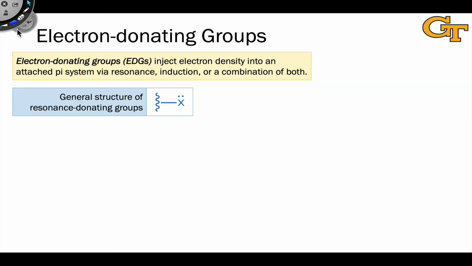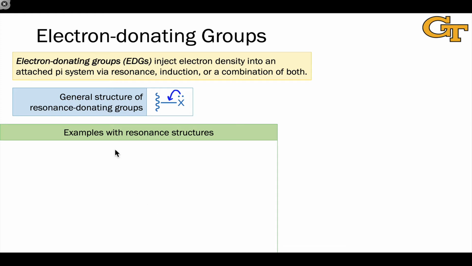And the general structure for a resonance donating group is an atom that has a lone pair that is in an orbital capable of overlapping with the adjacent pi system. When this situation happens, this lone pair can be donated via resonance toward the pi system, and we can typically land electrons on a carbon atom somewhere inside the pi system, placing negative charge inside the pi system as a result of the electron donation.